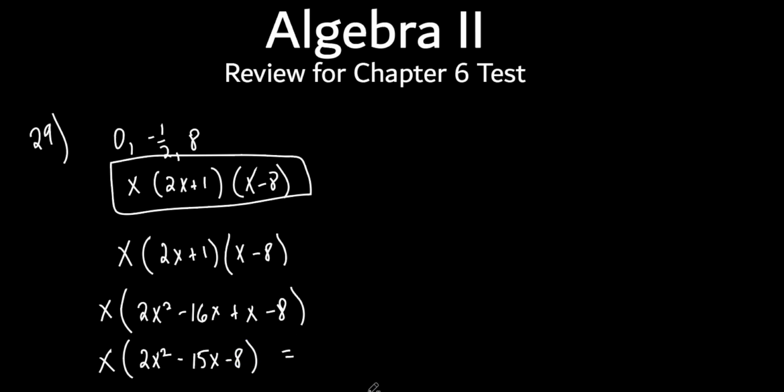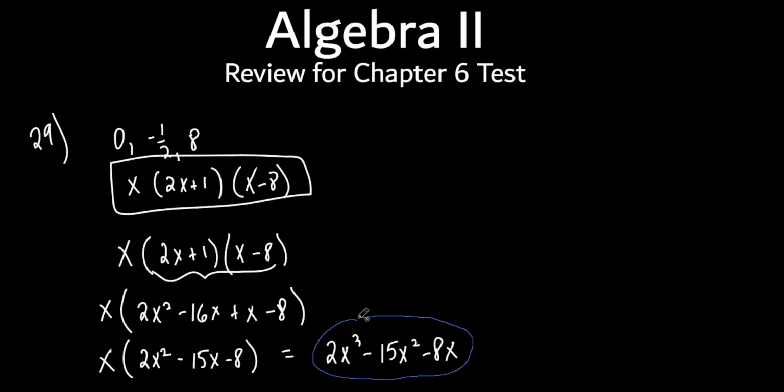Correct? Okay, and now we could see we multiplied these two things together. Now we're just going to take it and multiply it by an x. So what do we get? 2x cubed minus 15x squared minus 8x. And that is your function.